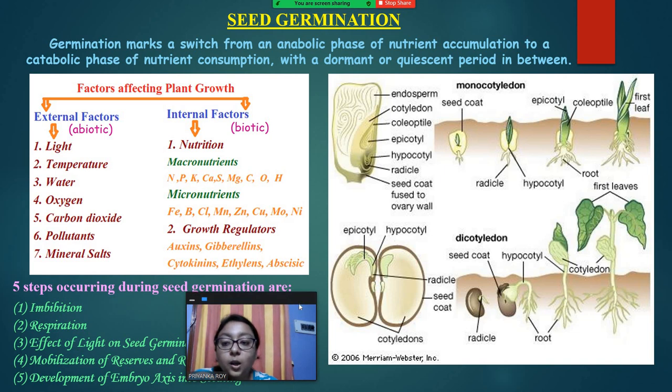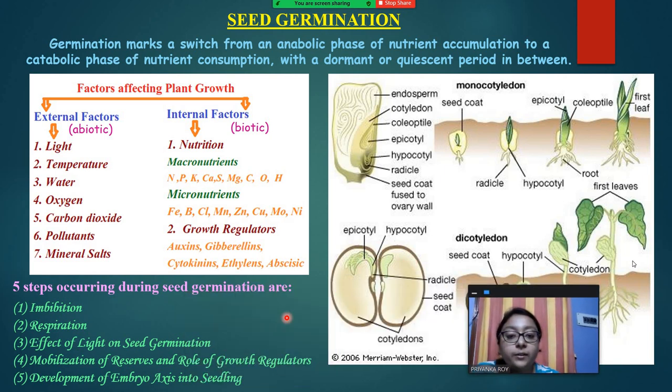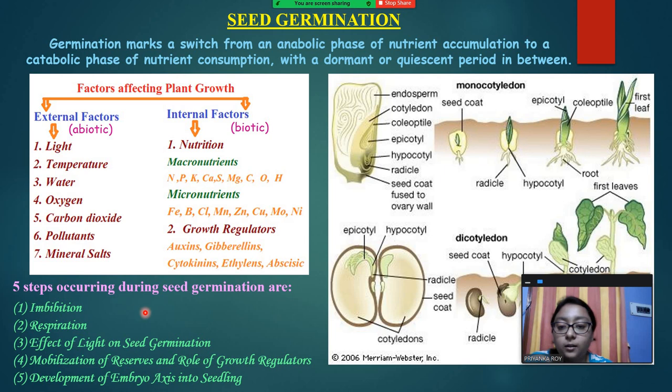So what are the steps of how seed germination occurs? First there is imbibition, that is the swelling of the seed, the absorption of water, and that will ultimately make the seed coat burst, so that the embryo can develop and come out of the seed. Next is respiration.